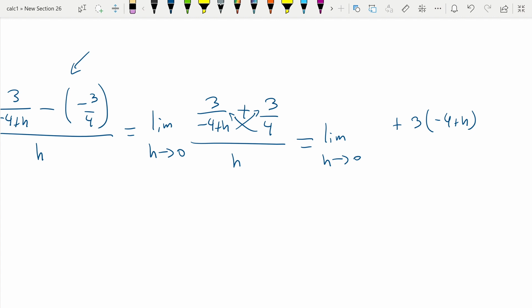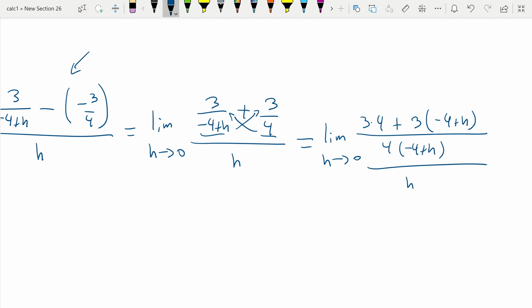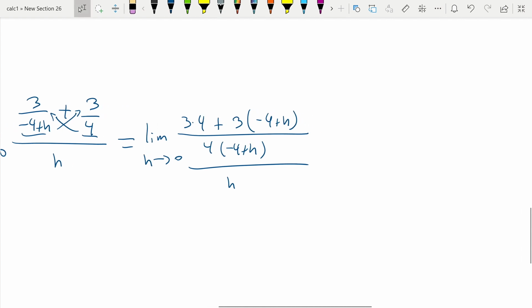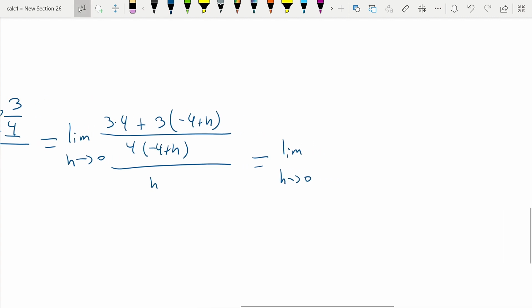The 12 comes from multiplying 3 times 4. And then we divide by 4 times minus 4 plus h. This is just basic arithmetic with fractions. And we have a fraction over a fraction, something we mentioned in the past, in case you forgot.